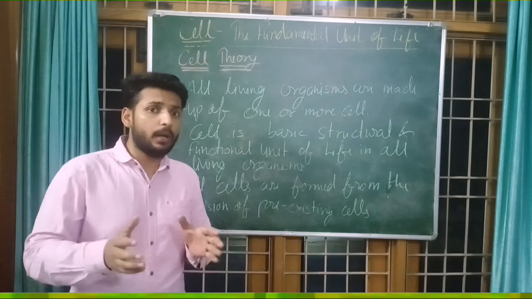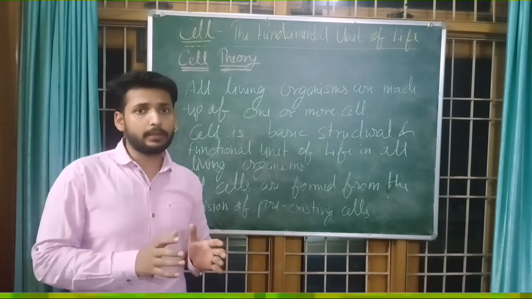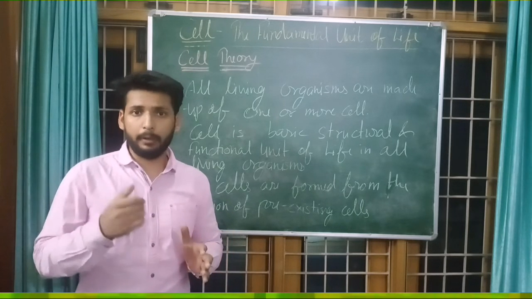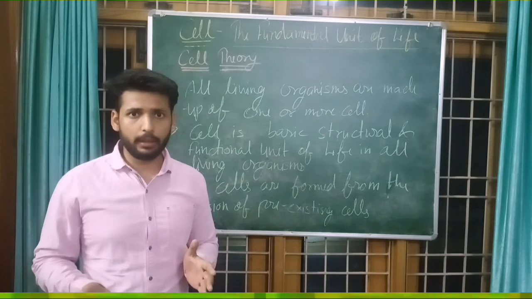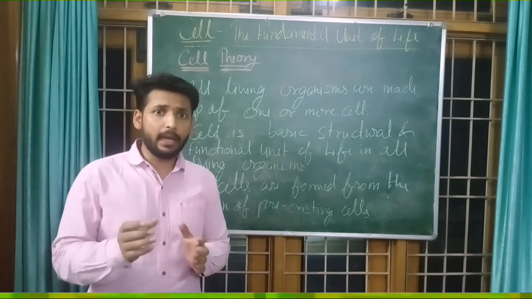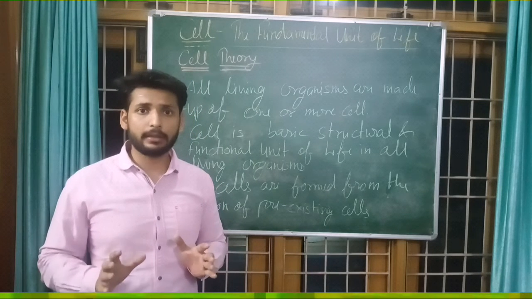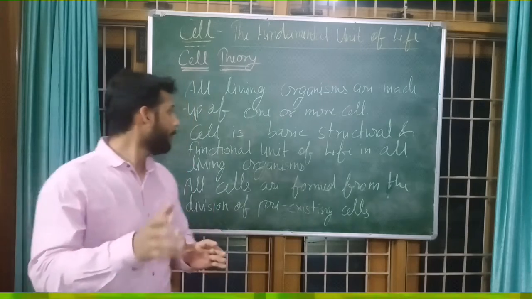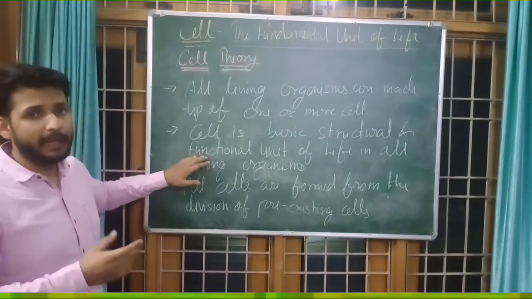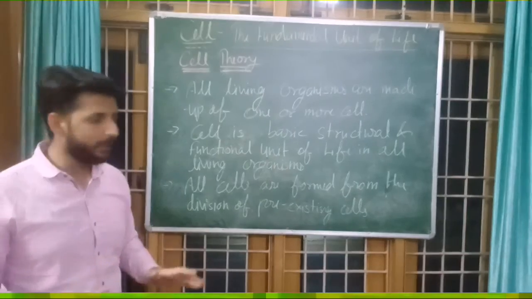They combinedly form the circulatory system, and the circulatory system performs the function of transportation, right? Basically this transportation function is performed by the cell only. Inside the cell all this function is performed. So we can conclude that the cell is the basic structural and functional unit of life, right?